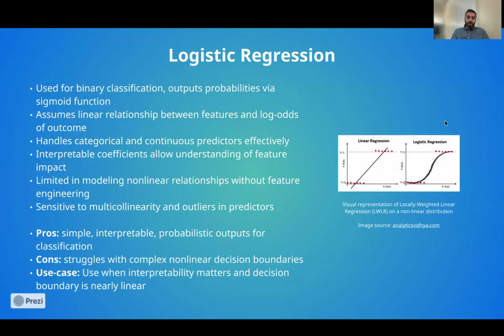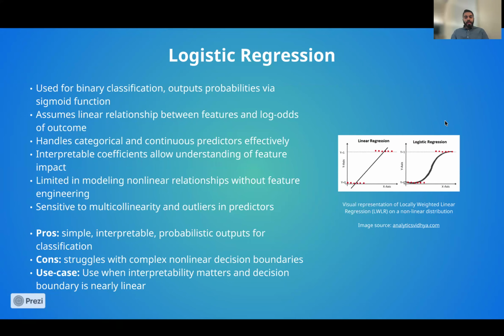And the way you get there is by using a sigmoid function on top of a regression model, which gives you that probability output. So it's a number between 0 and 1, which is the requirement for any probability value. This is what we obtain at the output of logistic regression via the sigmoid function.